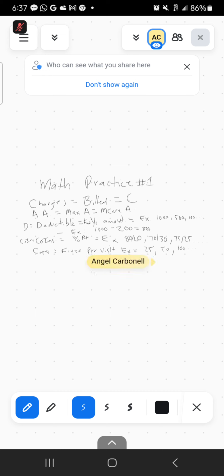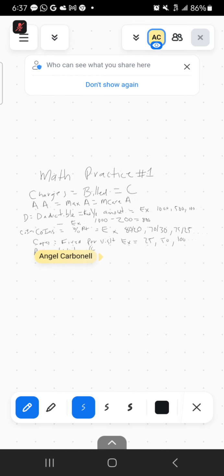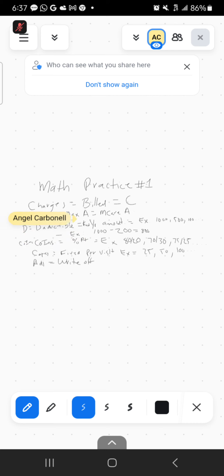Lastly, here we have what we call adjustments. Adjustment is the same as write-off. So a write-off or an adjustment is exactly the same thing. So having seen those things, we're gonna go over them again. Charges is the same as billed, we're gonna use the letter C for charges.